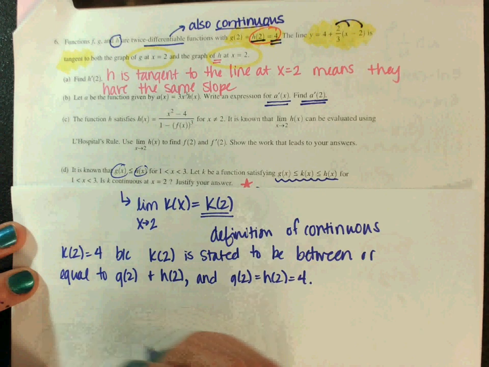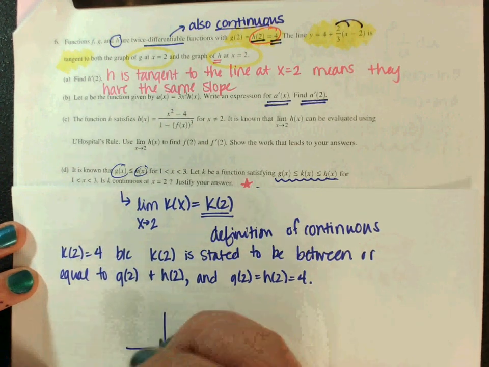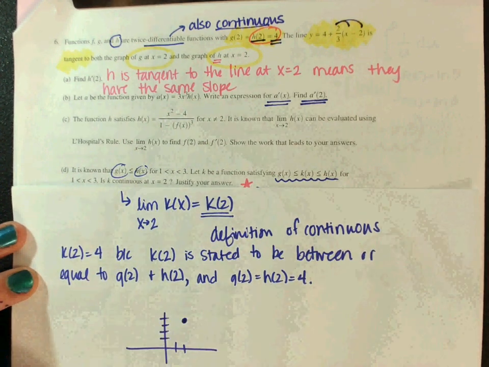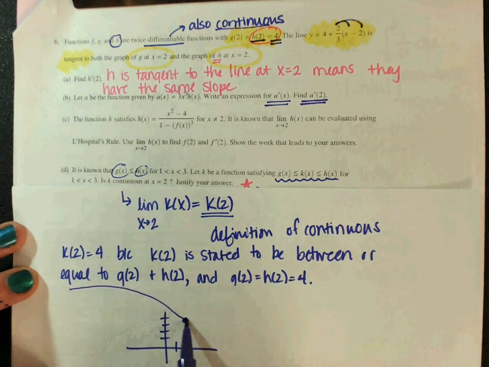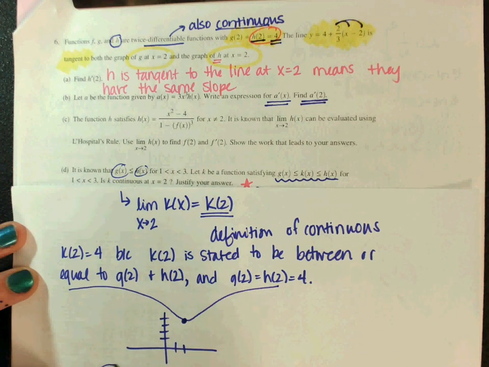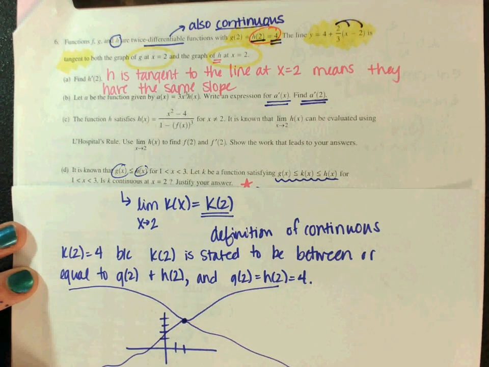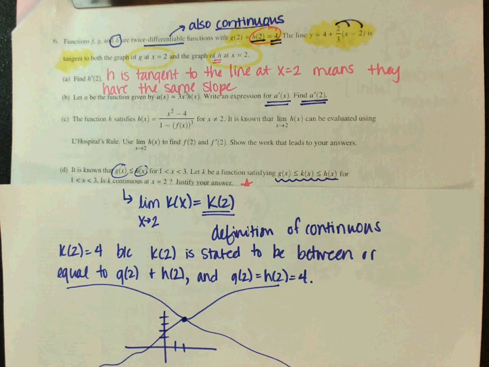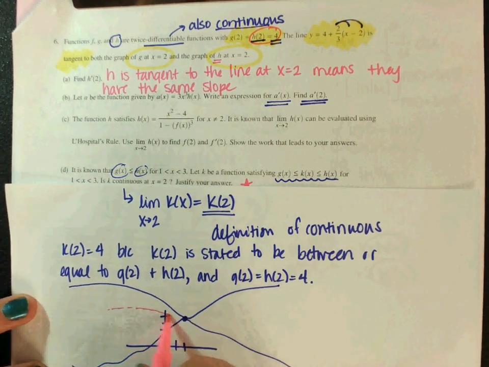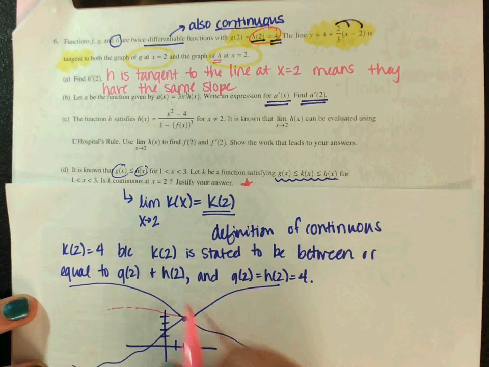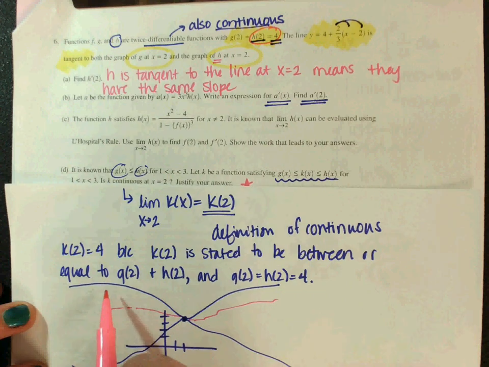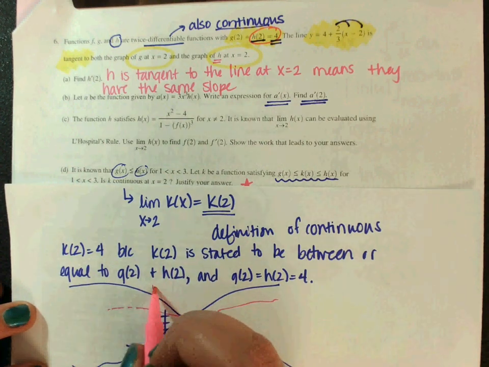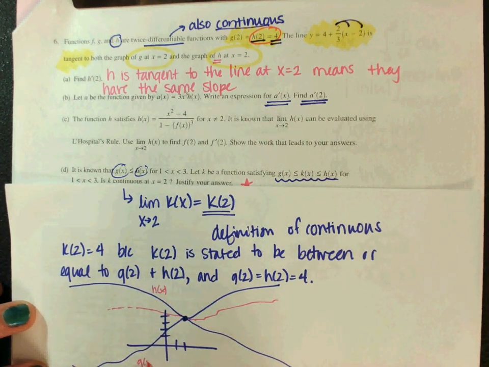Think about it like this. Here both of my graphs have to touch at 4. We'll say that h of x is up here, and g of x is, we don't know, maybe down here. No matter where my k is, as I get close to this value, if it's stuck between these other two, then there's no way it can be approaching anything else, because it's essentially squeezed between the top function, h of x, and the bottom function, g of x.